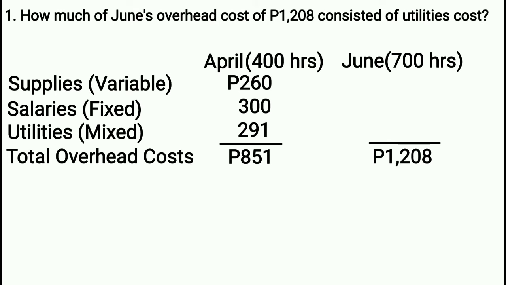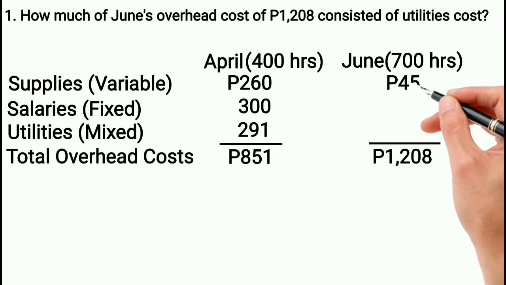Para makompute yung variable cost sa June, ang gagawin natin, 260 divided by 400 hours times 700 hours. 260 divided by 400 times 700, that is equal to 455.